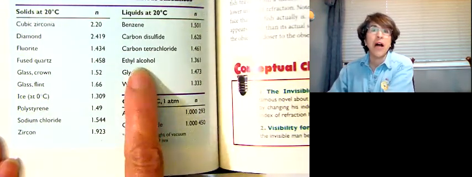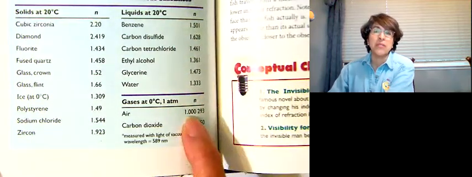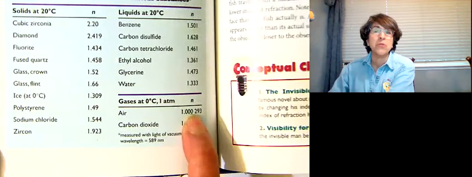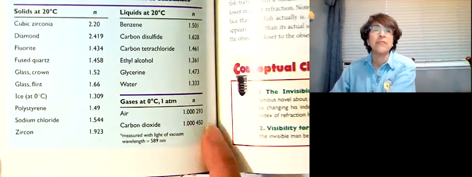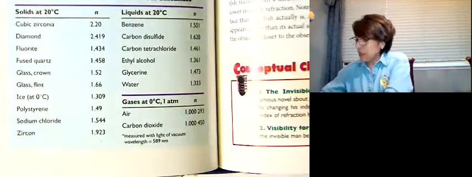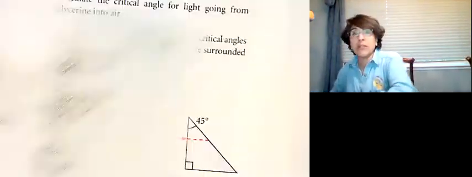Glycerin, water, ethyl alcohol, and here are your indices. Always write three zeros. For air, it's 1.000293. Carbon dioxide, 1.000450. And these are at specific temperatures, by the way. Okay, so let's take a look at the problem, which I have here.